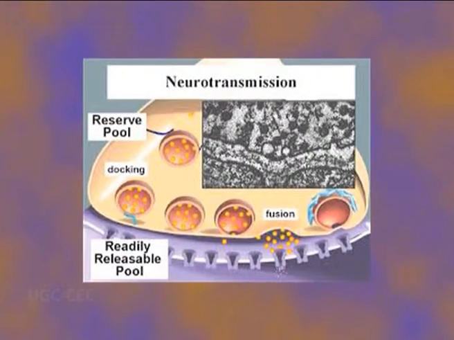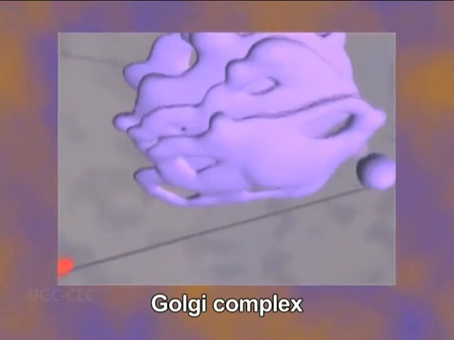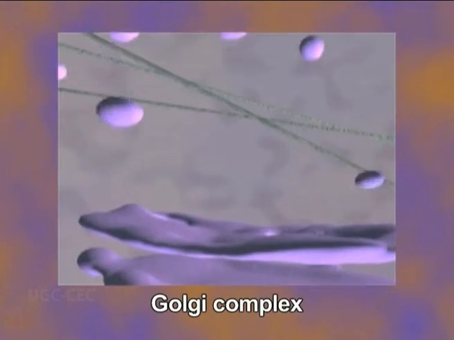In the regulated pathways, molecules are stored in secretory vesicles as in the case of hormones, or as synaptic vesicles in the case of neurotransmitters, which do not fuse with the plasma membrane to release their contents until an extracellular signal is received. Regulatory pathways of exocytosis operate only in specialized secretory cells. The constitutive secretory pathway operates in all cells, mediated by continual vesicular transport from the trans-Golgi network to the plasma membrane.